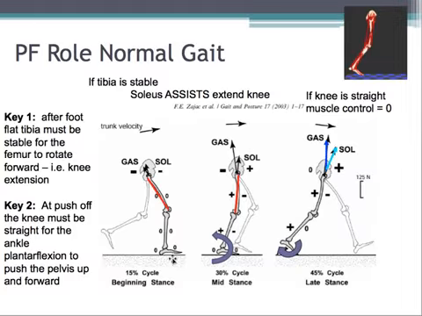One is that during the weight acceptance phase and throughout mid-stance, tibial advancement is controlled sufficiently to allow the proximal muscles to modulate the femur movement and move it more rapidly than the tibia, placing the knee in extension. The second is that the knee is straight during terminal stance and pre-swing, so that the ankle plantar flexion that does occur effectively lifts the trunk up and forward.